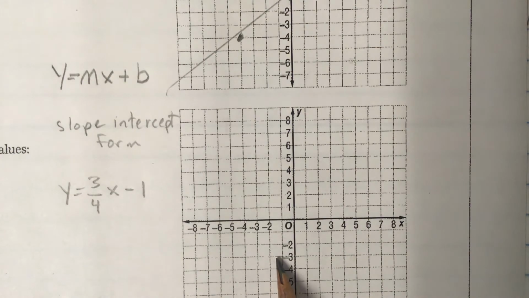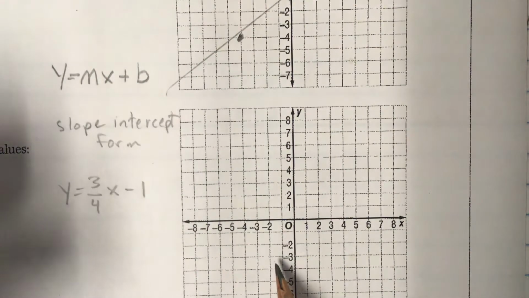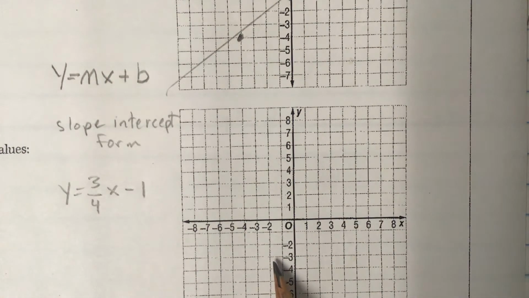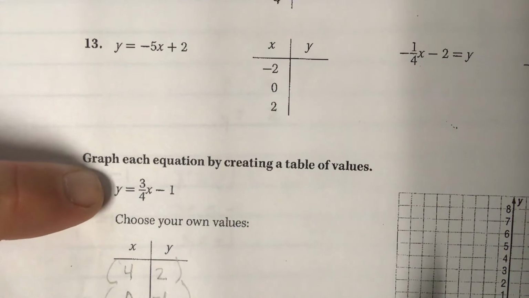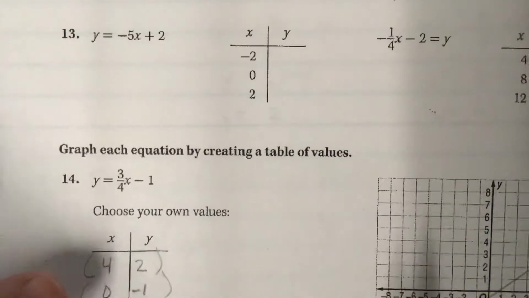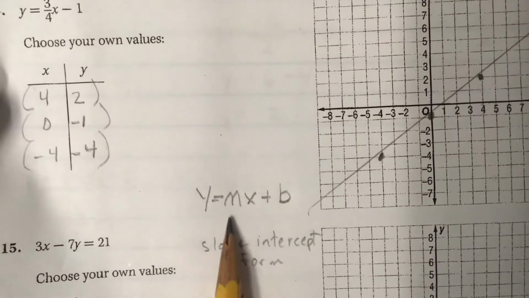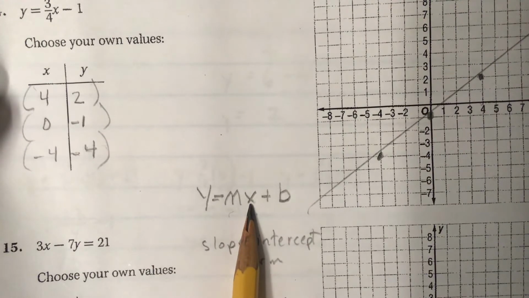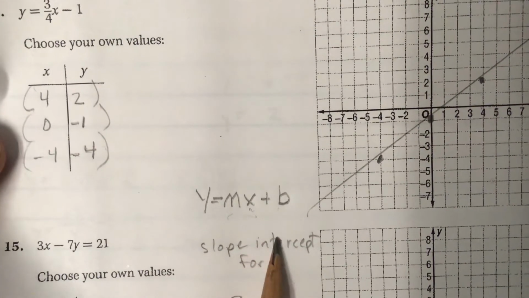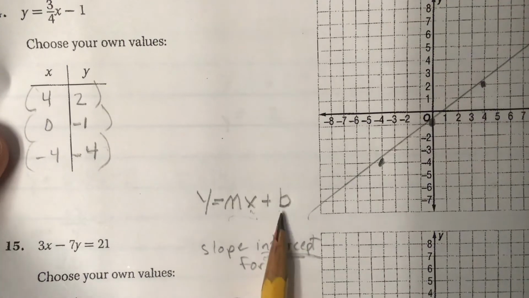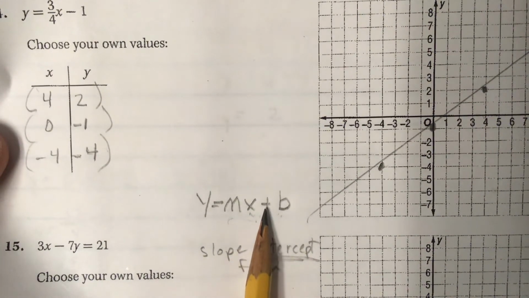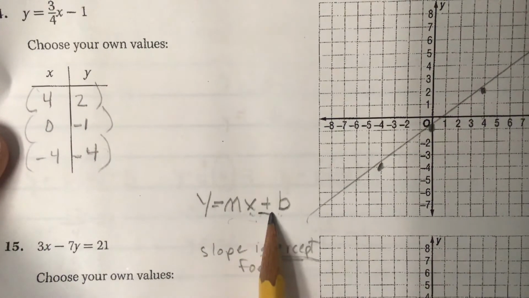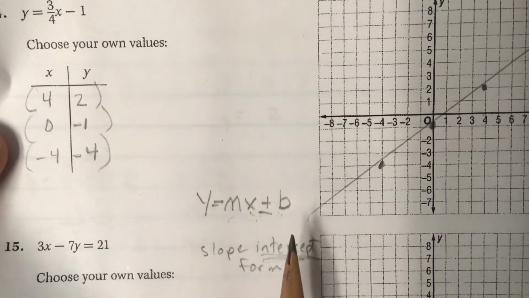So you don't have to necessarily memorize it, but if you do, it'll make things a lot easier, because when we saw this equation, I instantly knew that it was in slope-intercept form. The slope is whatever's in front of x, and the y-intercept is whatever's after the plus. And it can be plus or minus. Sometimes I like to draw it like that, plus or minus b, because it doesn't matter.